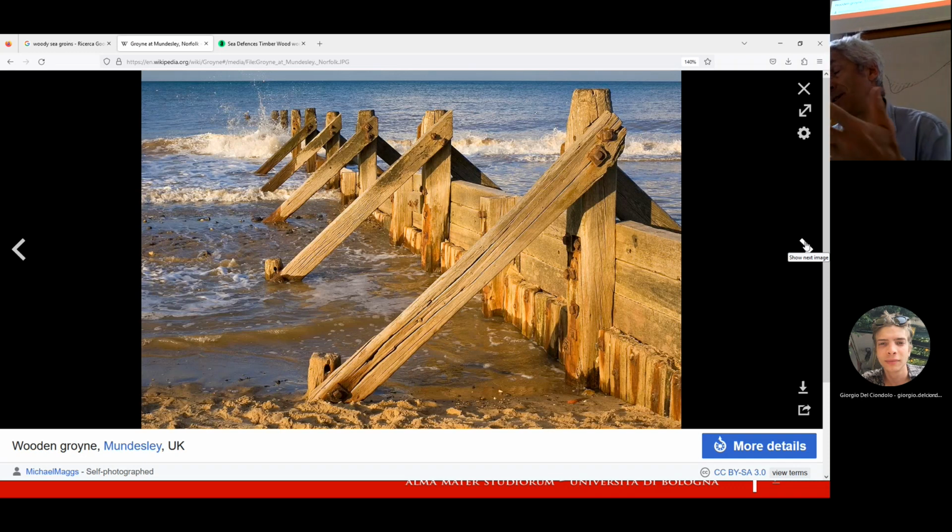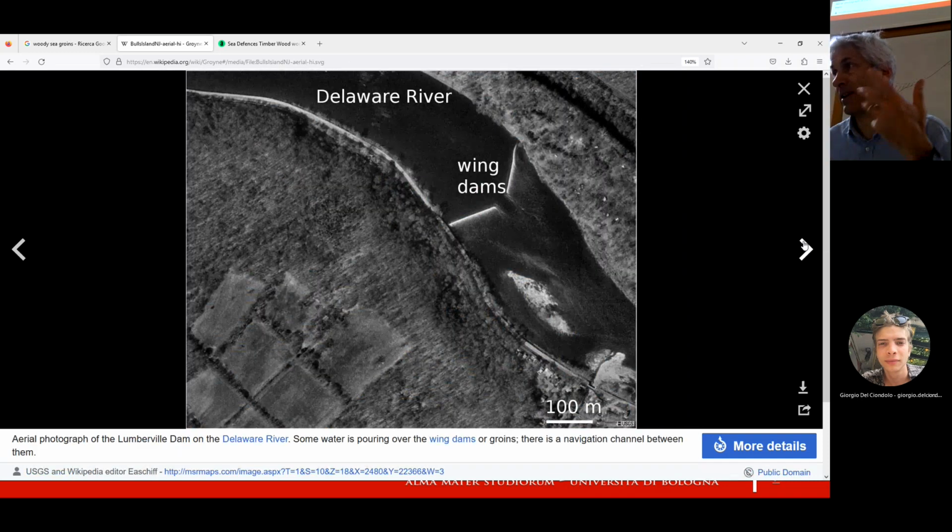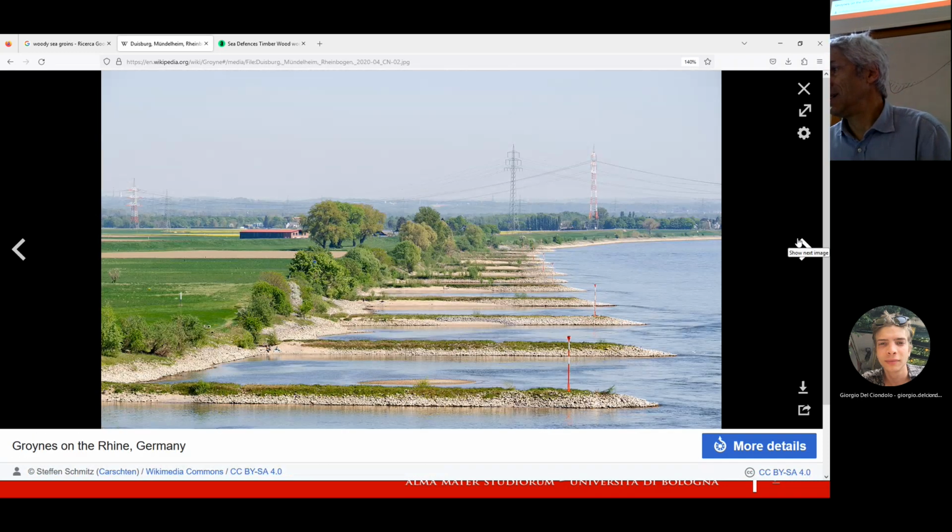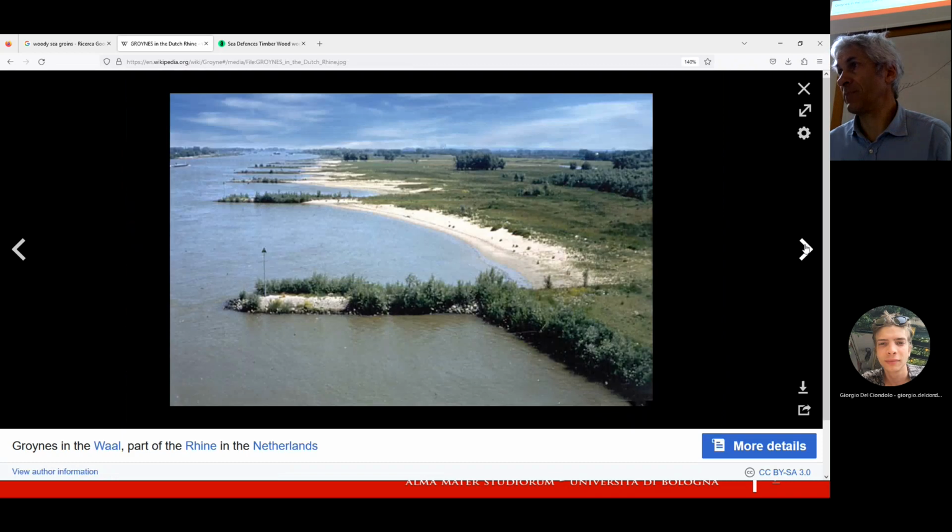Of course, here the picture is taken like an artistic picture, but here is another example along a river. These are river groins. They are frequently used along rivers, again, to mitigate the river bank erosion.